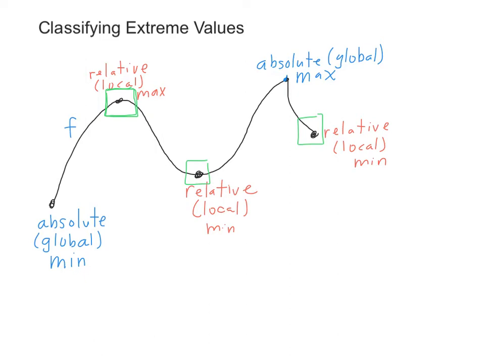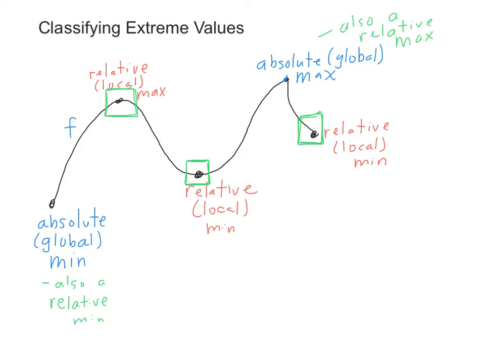So relative to that general area, or within that local area, we have a max. Likewise down here, within this relative area or this local area, we have a min. And then over here, since the function is decreasing, this is the lowest point within that little neighborhood.